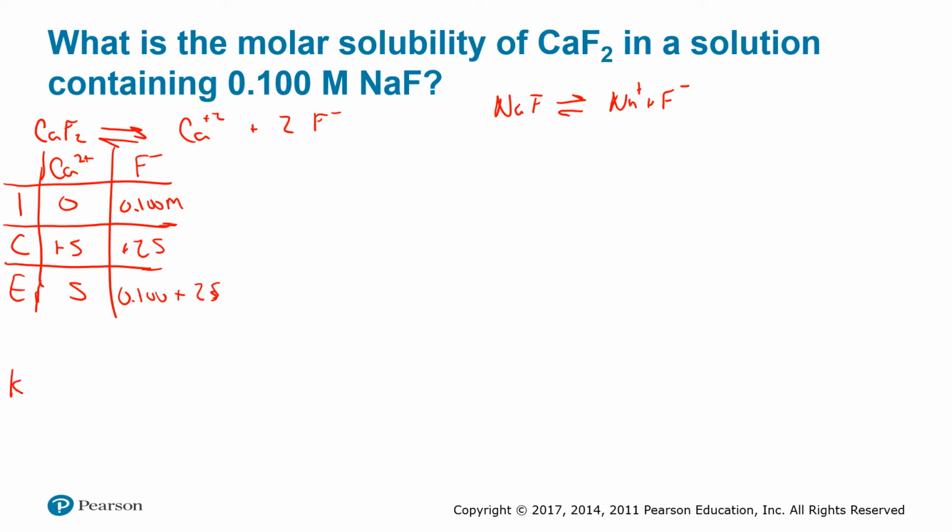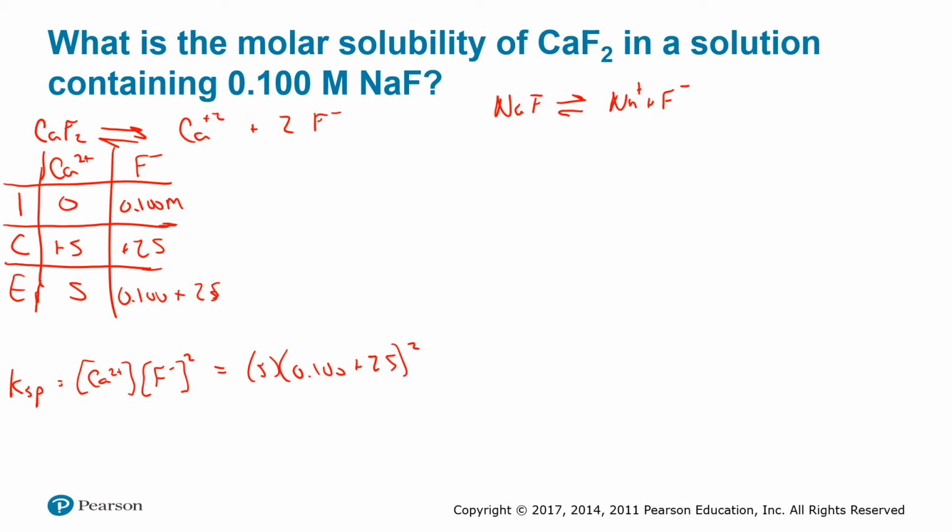Okay, and so the Ksp will then be equal to calcium's concentration times the fluoride concentration squared. So we're going to be looking at S times (0.100 plus 2S) squared.